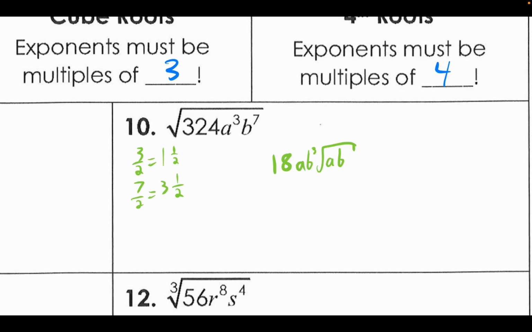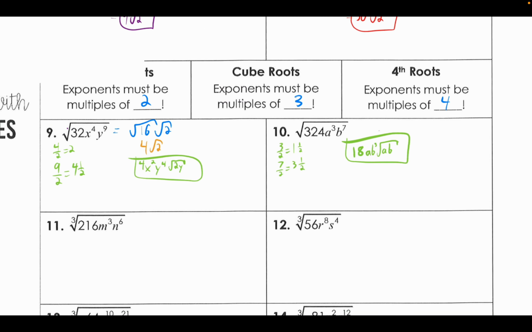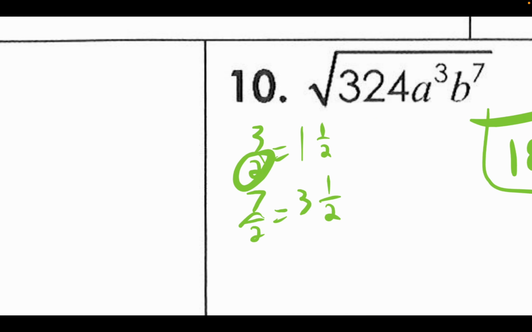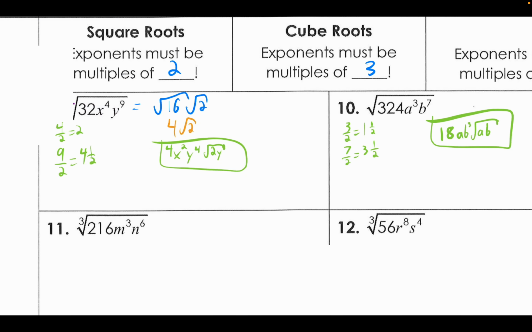And so we have 18ab cubed times the square root of ab. Cube roots and fourth roots work very similarly to that, except for instead of dividing by 2, you're dividing by 3, because that would be your index.